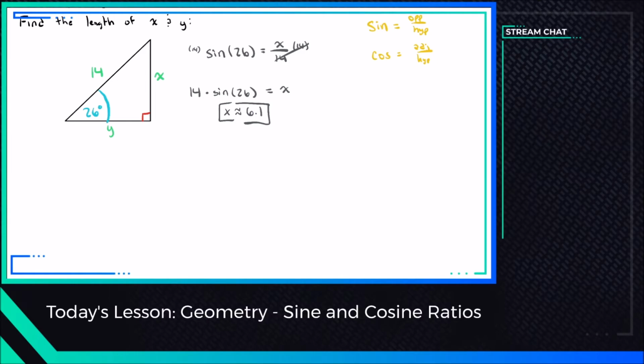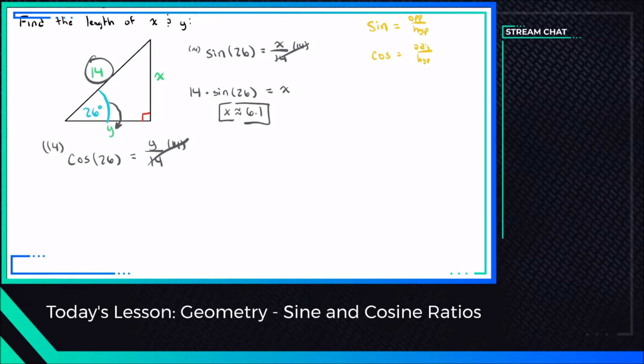And if we do a similar thing for the cosine of 26, remember cosine is equal to the adjacent over the hypotenuse. Well, the leg that's going to be adjacent is y, and the hypotenuse is going to be equal to 14. And so once again, we're going to multiply both sides by 14.